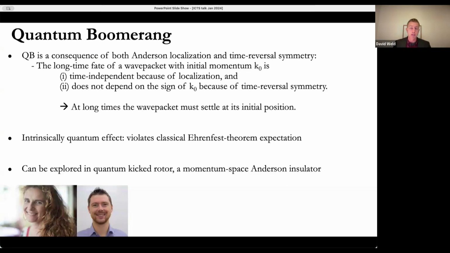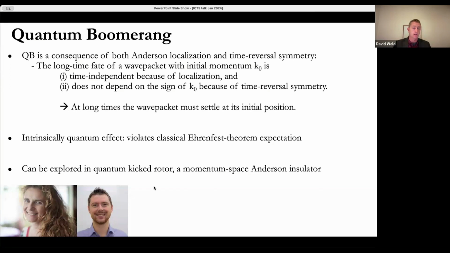The reason we can talk about it experimentally is that this can be explored in the quantum kicked rotor because, as Shmuel Fishman told us many years ago, the kicked rotor is itself a momentum space Anderson insulator. So that's the slight twist between this theory and our experiments: we're going to interchange the roles of position and momentum space. Instead of giving a particle some initial momentum and throwing it away from us in position space, we're going to give it some initial position and then look at the dynamics in momentum space.